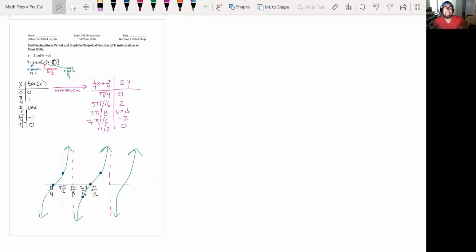And there is the tangent function that has been transformed by a vertical stretch of 2, a horizontal compression of 1/4, and a shift to the right by pi over 4. Okay. Answering the other questions, your amp is 2. Your period is 2 pi over 4, or pi halves.